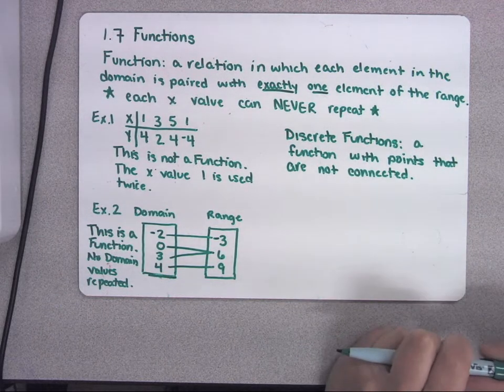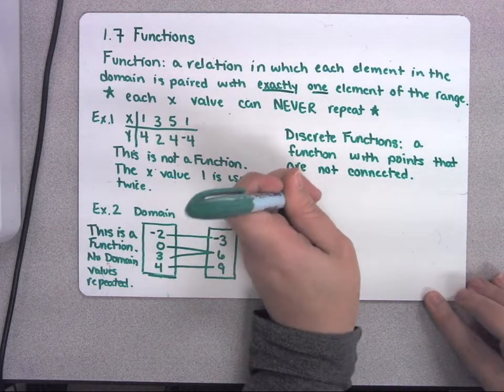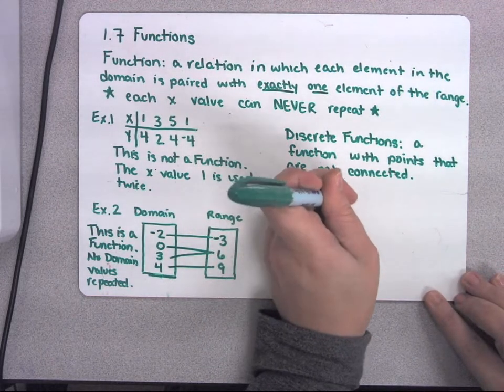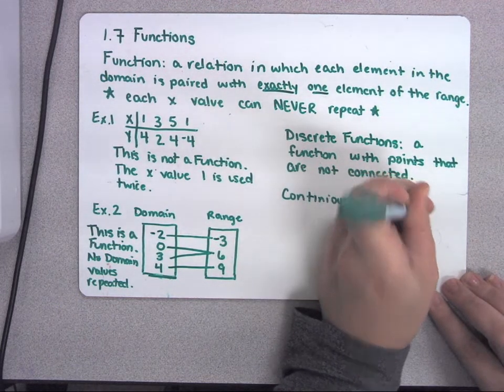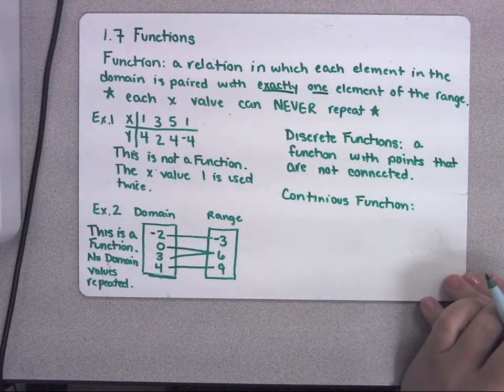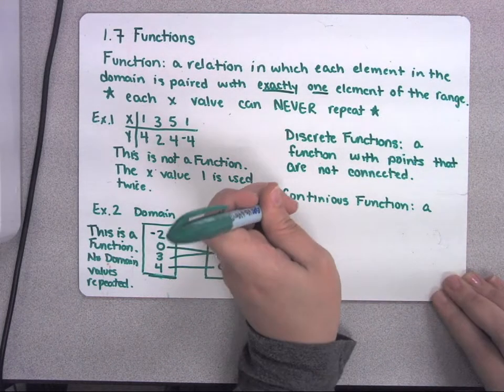That's a discrete function. Then a continuous function, this is just some vocabulary for you to learn. What do you think this guy is? Yes, a function, it's got a little specifics to it.